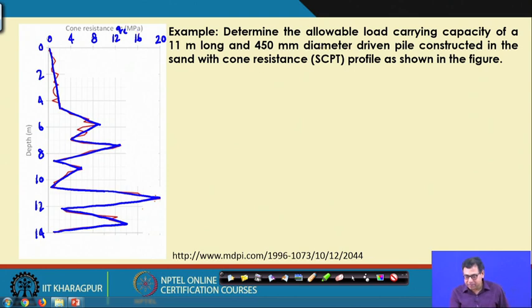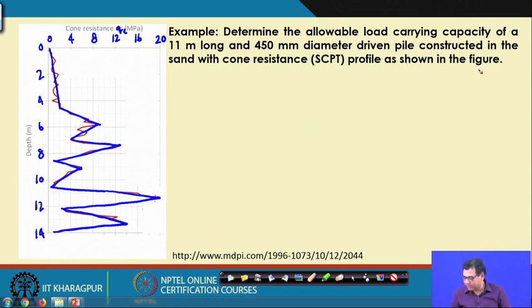Now, the example is: determine the allowable load carrying capacity of an 11 meter long pile with a 450 millimeter diameter. It is a driven pile constructed in sand. This is a sandy soil with the cone resistance profile as shown in the figure, which I have taken as straight lines.